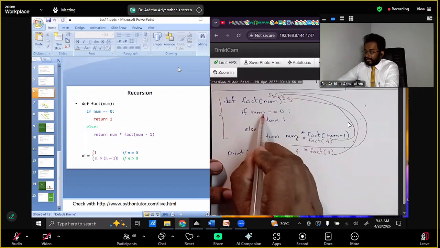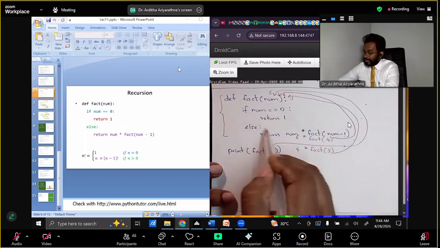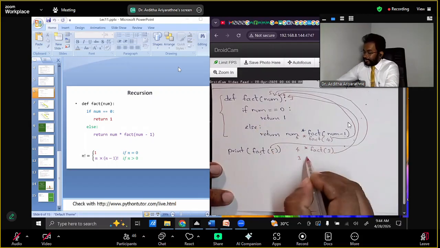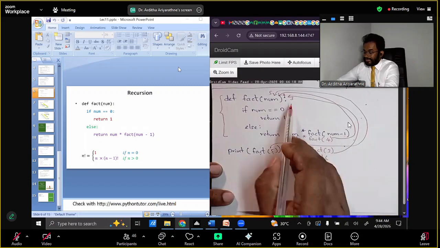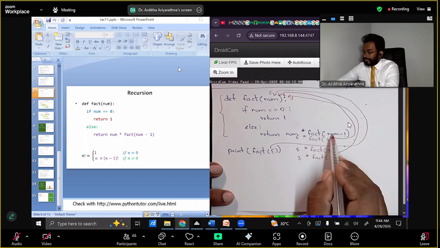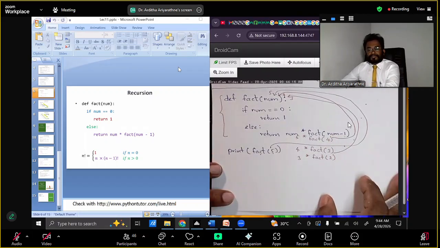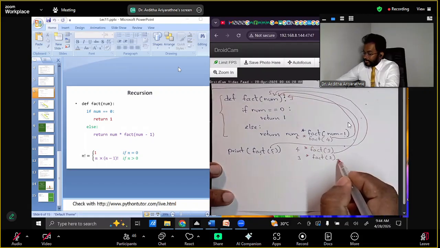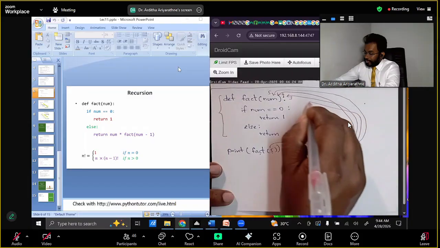Again we are checking if number is equal to 0. Answer is no. Then we are coming to here, else. Then 3 multiply by factorial num minus 1. Num means now it's 3. 3 minus 1, it's 2. Right? Again we are calling the same function with the value of 2.